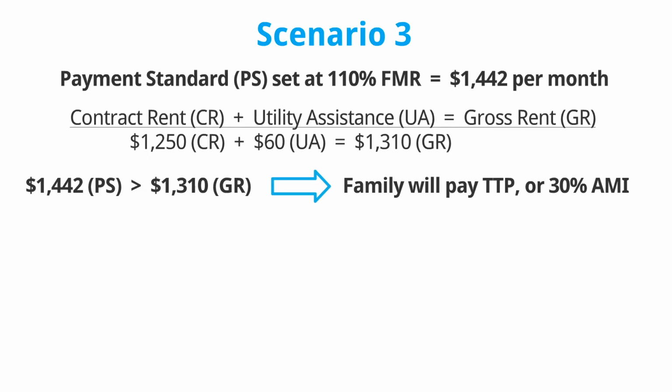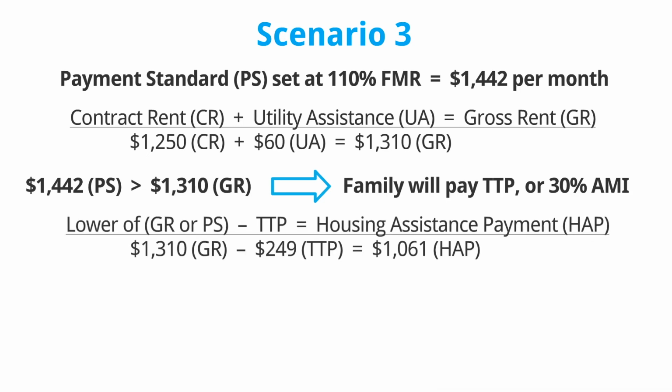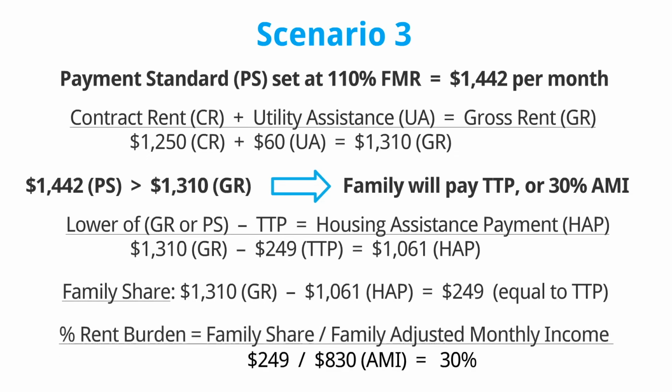In this case, we will subtract TTP from gross rent to calculate the PHA housing assistance payment of $1,061. Since the gross rent for the unit is lower than the payment standard, the family share will be the TTP, or $249, which is exactly 30% of their adjusted monthly income.